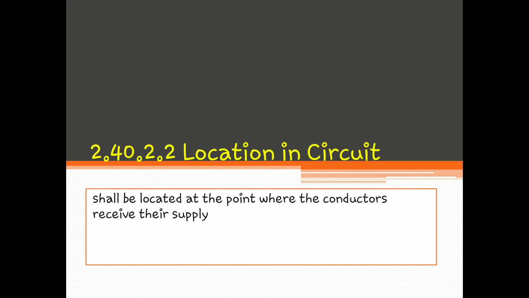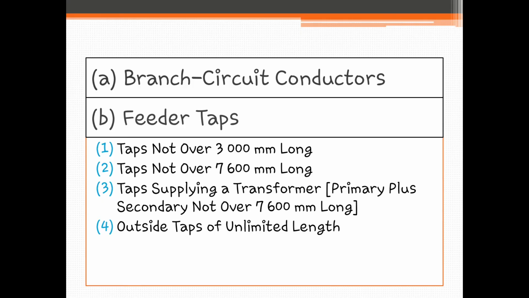So the location in circuit, of course, ang mga overcurrent protection devices kay shall be provided in each ungrounded circuit conductor, and of course shall be located at the point where the conductors receive their supply. Under this subtopic of location in circuit is the branch circuit conductors.